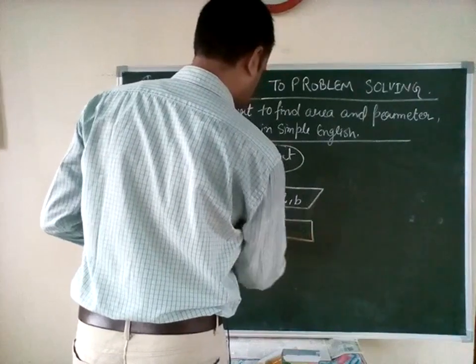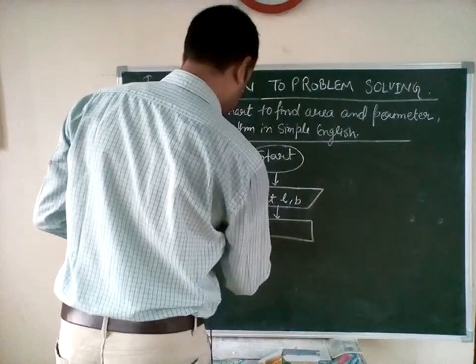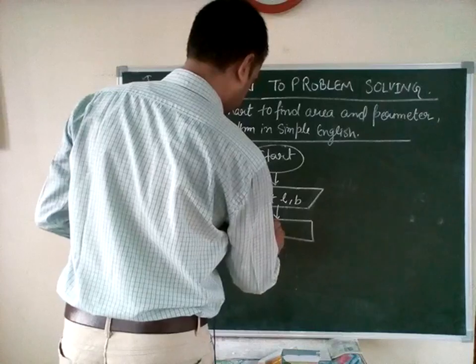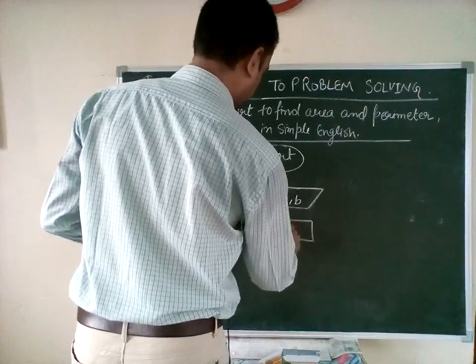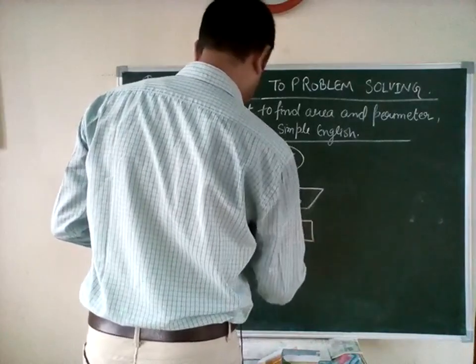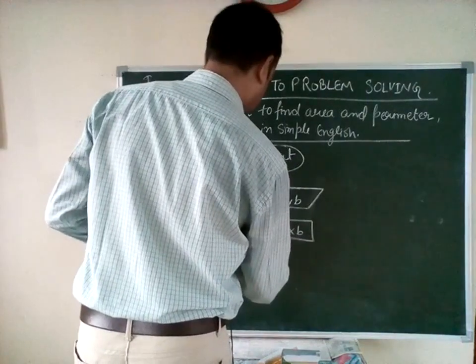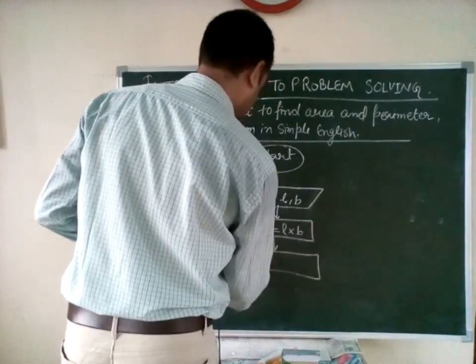Now you will use the rectangle: area equal to length into breadth, and then again you will process it.